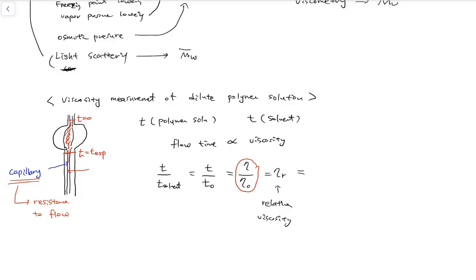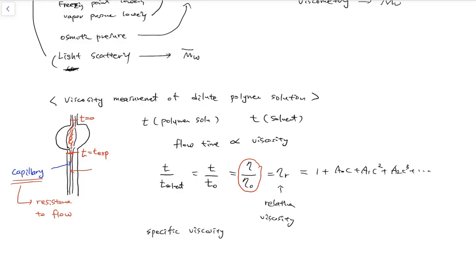This relative viscosity is a function of concentration, so it has this kind of form: a constant, plus a constant times concentration, plus another constant, something like this. You can express it as an infinite series. There is another term called specific viscosity, eta sp, defined as the relative viscosity minus 1, which can be expressed in this way.